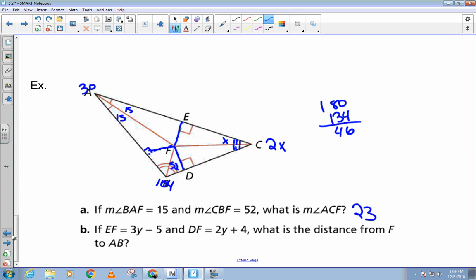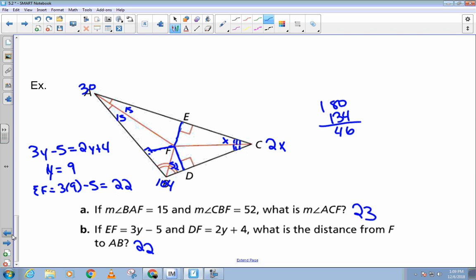I've got two of them, EF and DF, so I can just set them equal to each other. So 3y minus 5 equals 2y plus 4. So y equals 9. And what is the distance from AB? We have to go back and plug in. If we found EF, that would be 3 times 9 minus 5, which is 27 minus 5, which is 22.